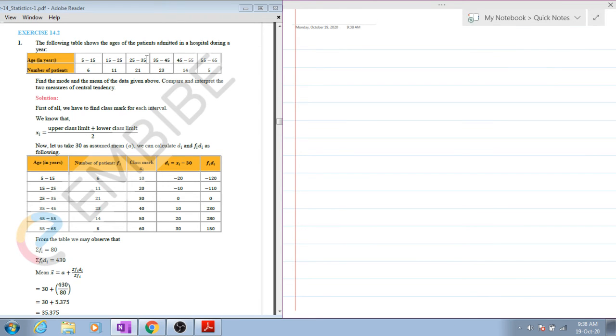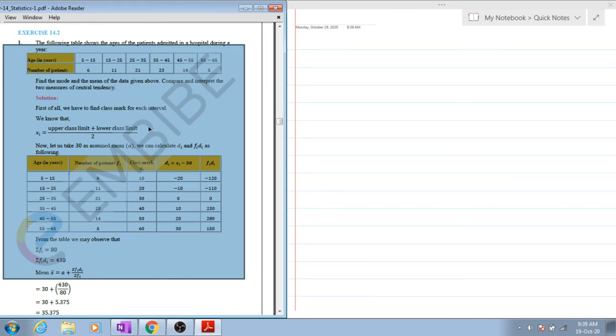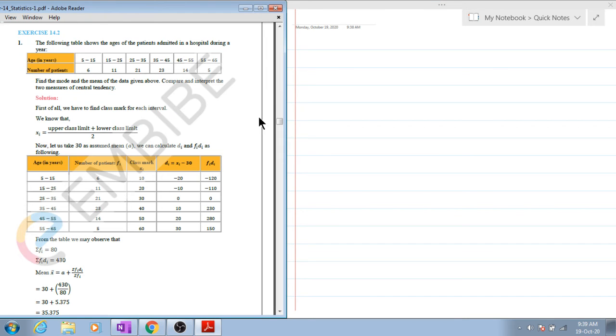Same logic should be applied. First you find out the range. You can try to do this on your own. Age has been given, so you find out class mark, everything stays the same.